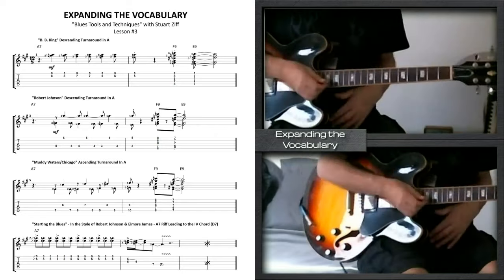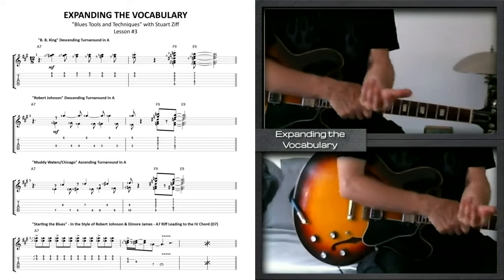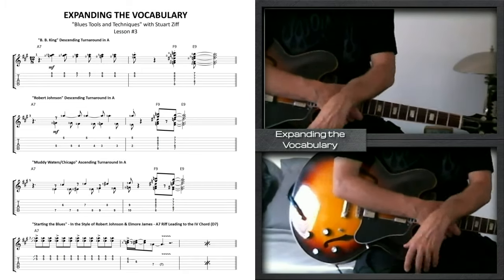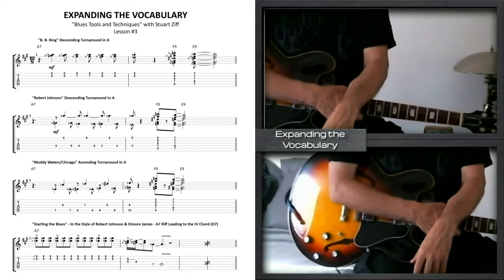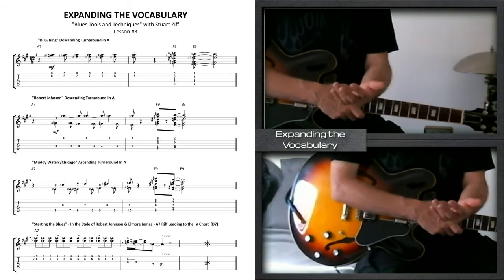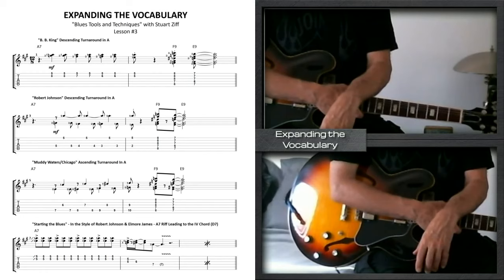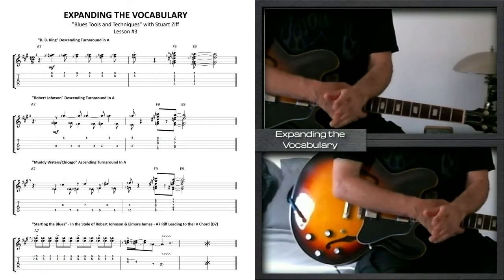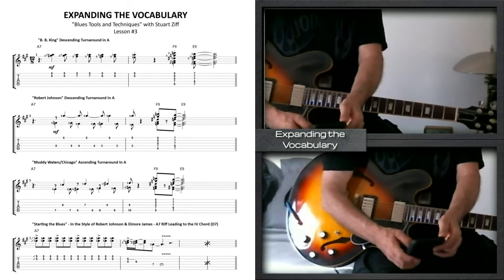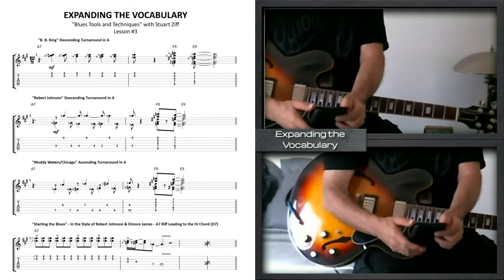Heard that for the first time when we learned Dust My Broom, learning how to play slide guitar, and I know how to play that on slide guitar. That's how I learned it. And then when I first got Live at the Regal, B.B. King, the greatest live blues record ever made, there's a song on there, I'm trying to be complete here.